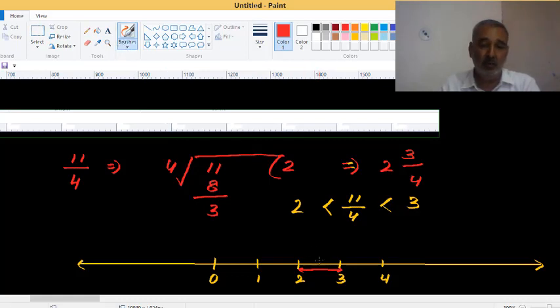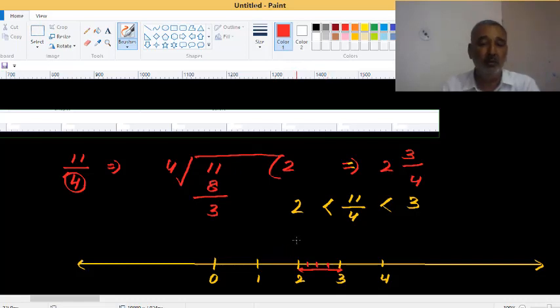I have to divide this line segment between 2 and 3 into 4 equal parts. So taking one point right in between, I have divided it into 2 equal parts by putting one point right in between these 2 points and one here. I have divided line segment between 2 and 3 into 4 equal parts.